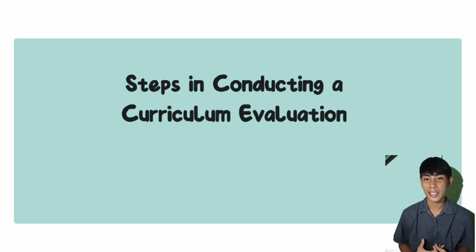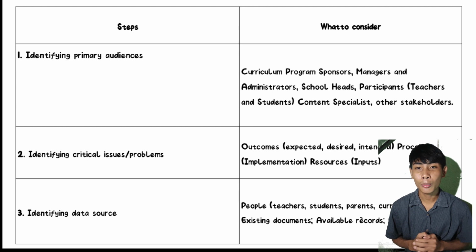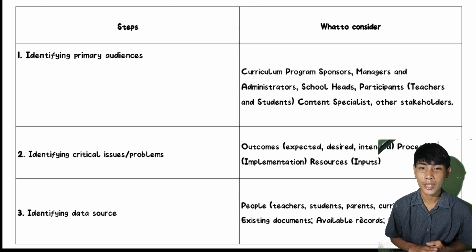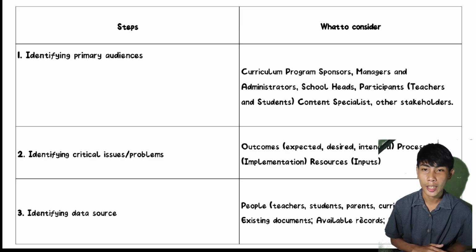So here are the steps in conducting a curriculum evaluation. Step number 1, identifying primary audiences. So what to consider? Curriculum program sponsors, managers and administrators, school heads, participants like teachers and students, content specialists, other stakeholders.